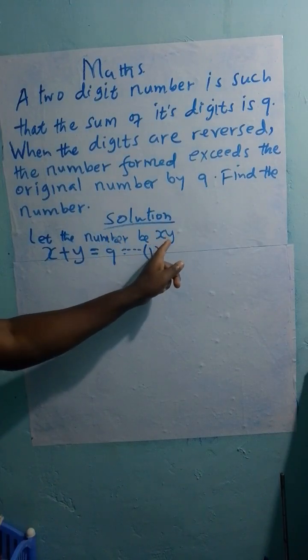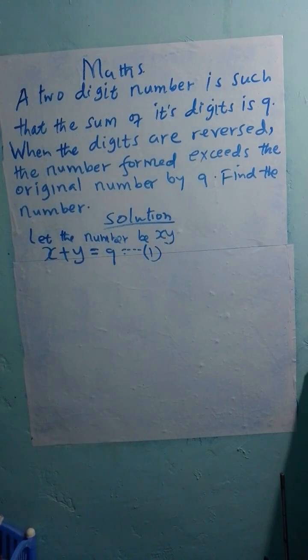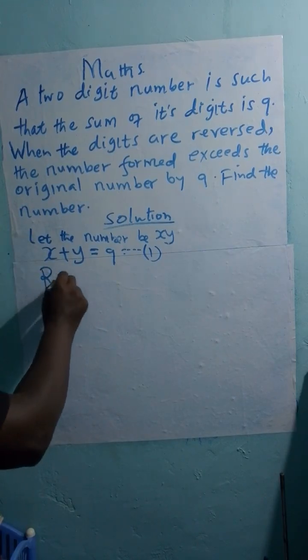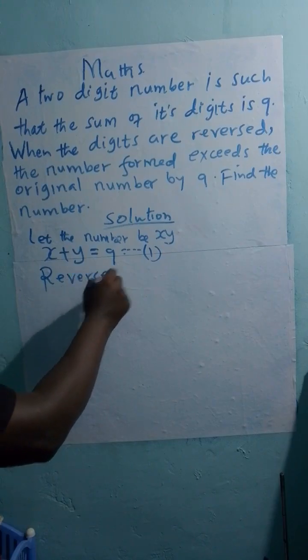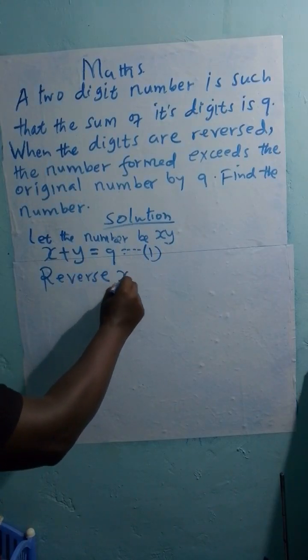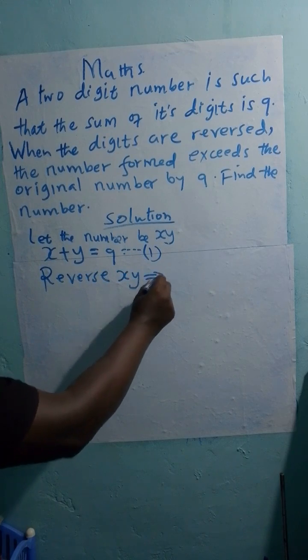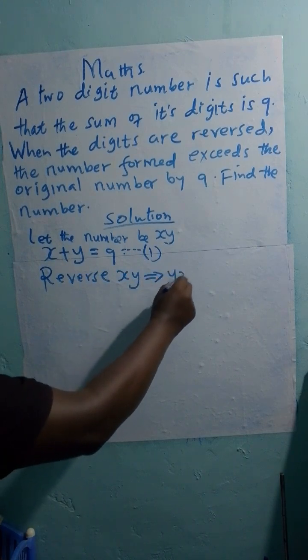When the digits are reversed, this is what we have. Now initially it was xy, so when you reverse it is yx.